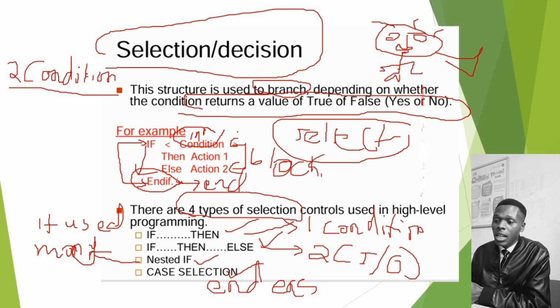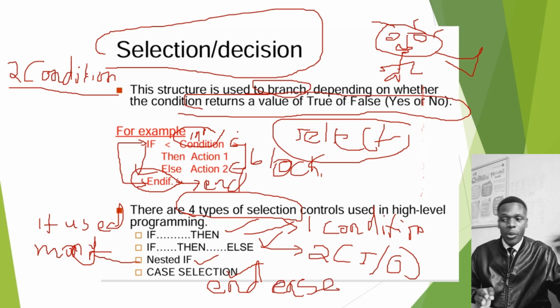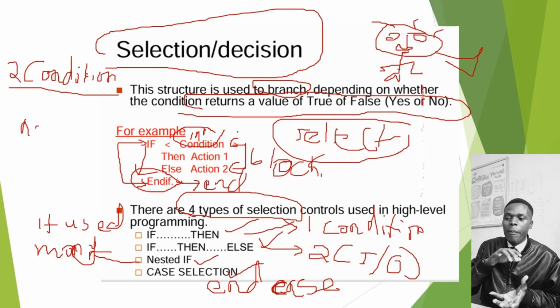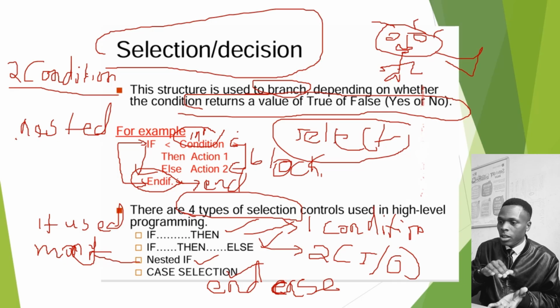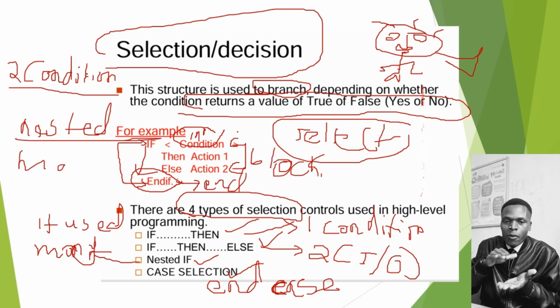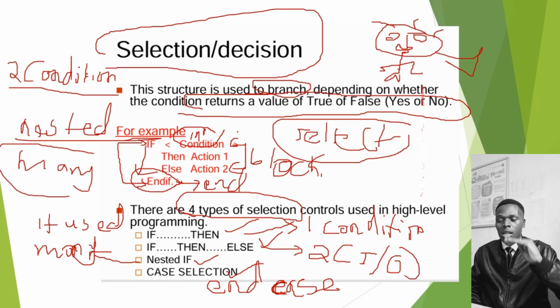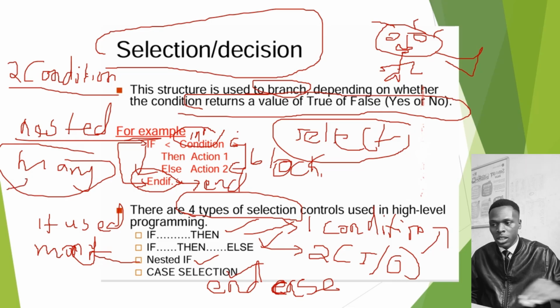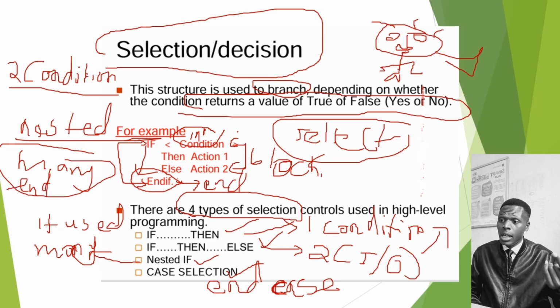If we are using a nested if, where the if has been used twice, it means we will have end if repeating twice downwards, because we are ending the first if and the second if. So it will have two end if statements to end the if control structures.